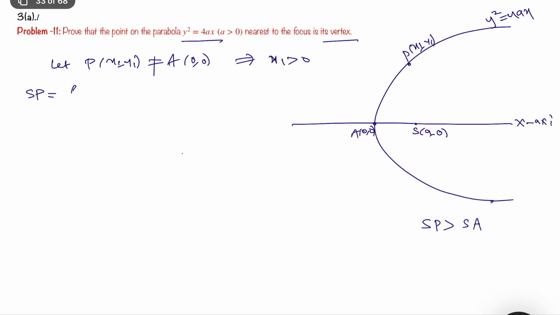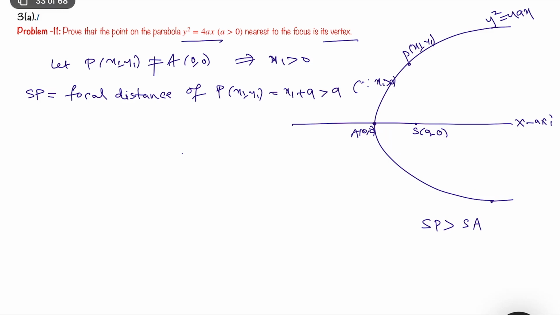Now let us look at SP. It's actually the focal distance of the point P, which is (x1, y1). We already know from lecture 58, the focal distance of the point is going to be x1 plus a, right? Now x1 plus a is bigger than a, since x1 is positive.